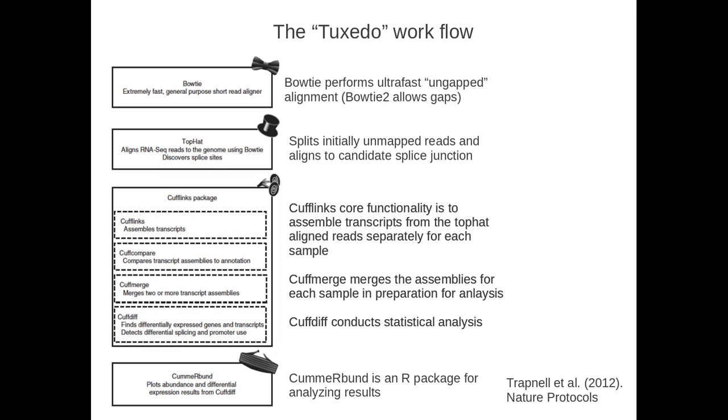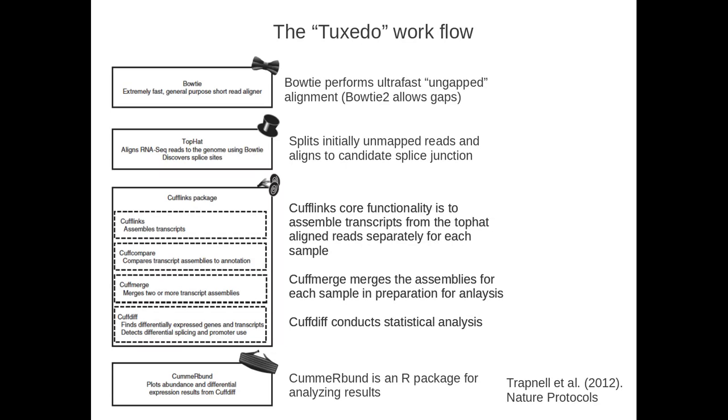And then finally, this is the functionality of Cufflinks, Cuffmerge, and then Cuffdiff is the method that does the statistical analysis and gives us our p-values in a typical differential expression type of analysis. So that reminds me that I should say that this workflow is intended, for our purposes, for differential expression.